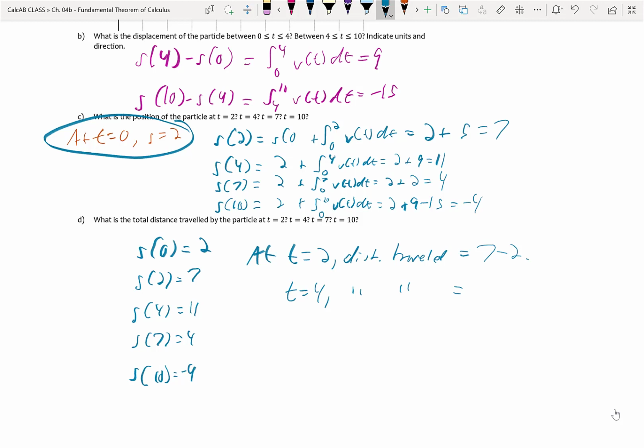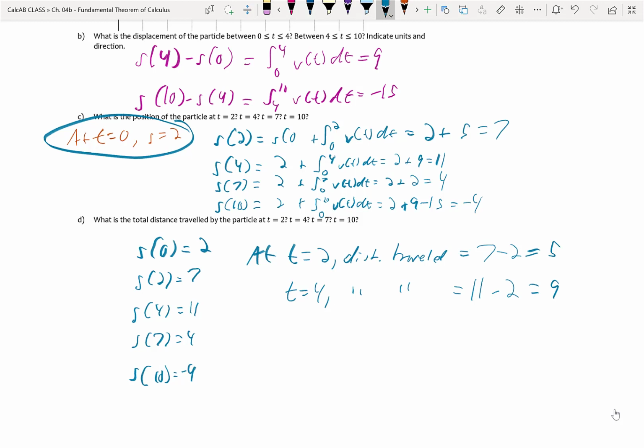It's not 4. That's how far it got from t equals 2 to 4. What about from t equals 0 to t equals 4? It is 9. 11 minus 2. It started at 2, and it moved to 11. 11 minus 2 gives me 9. 7 minus 2 is 5. Sorry, I should write the 5 down.